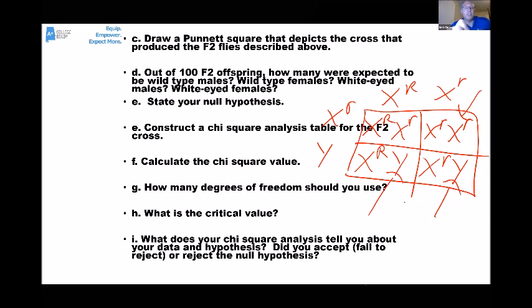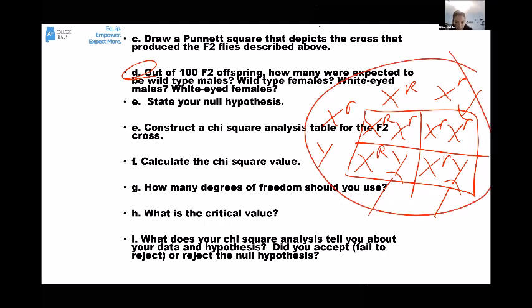Now, let's look at question D. Out of 100 F2 offspring, how many were expected to be wild-type males? So if we had 100 F2 babies, how many would we expect to be wild type, which is red eyes, by the way? How many would we expect to be red-eyed males according to this Punnett square? 25, right? 1/4 of the total. 1/4 of 100 is 25.